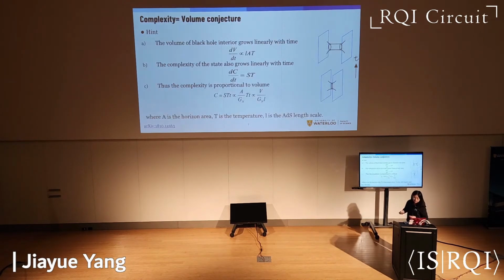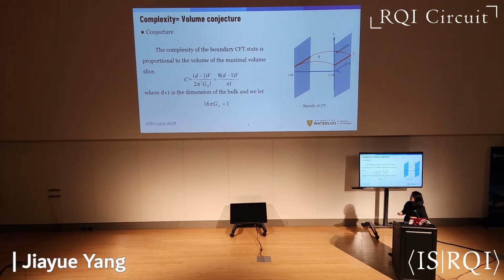So this is our motivation for the holographic complexity. This is the argument that the volume of the black hole interior grows linearly with time, and also the complexity of states grows linearly with time. So we have the complexity is proportional to some volume, and here G Newton L is just something that we added to make this formula dimensionless on the right-hand side.